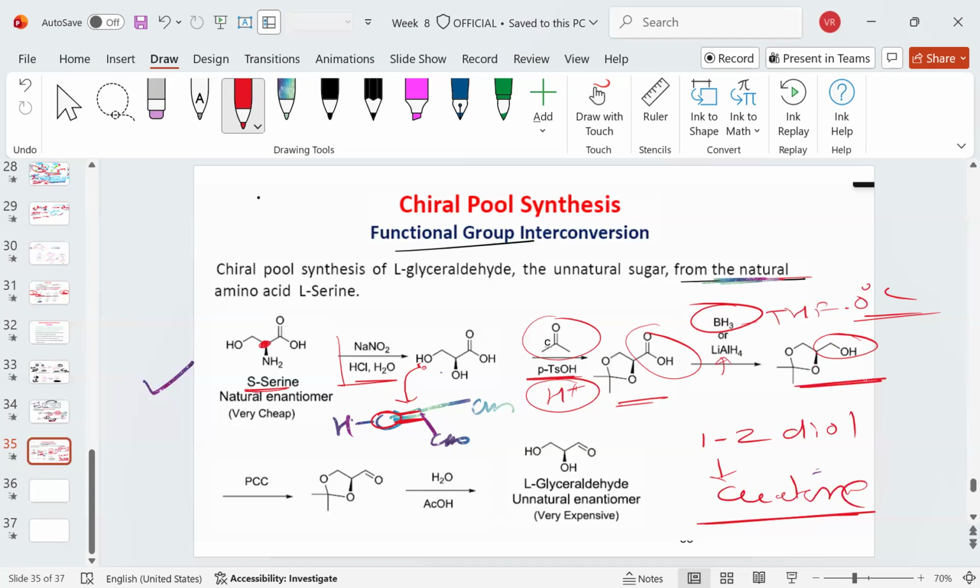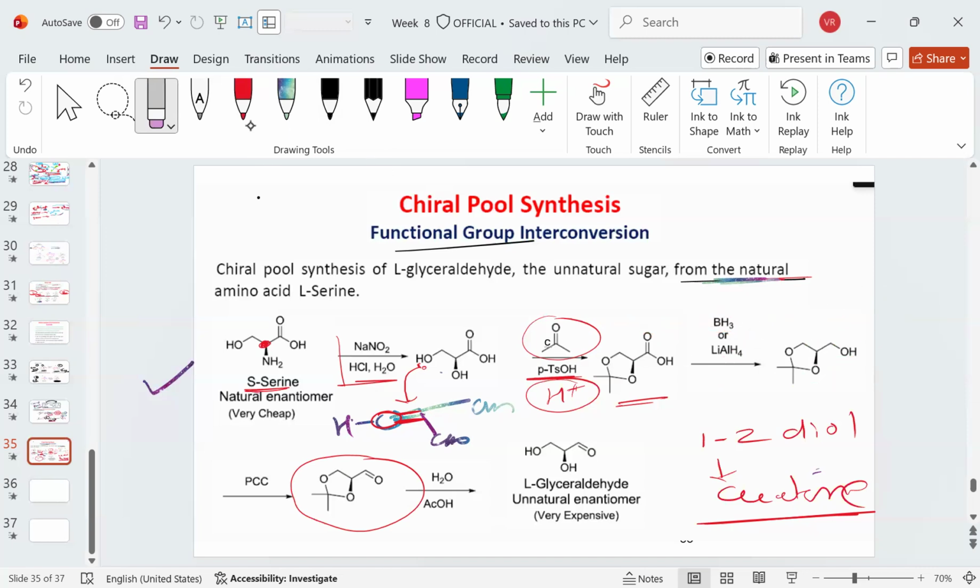Okay, so we get this alcohol up to here. Now we can convert this into the aldehyde. You may ask why we have not stopped the reduction of the acid at the aldehyde stage. Stopping the reduction of this acid at the aldehyde stage is not really a synthetically feasible step.